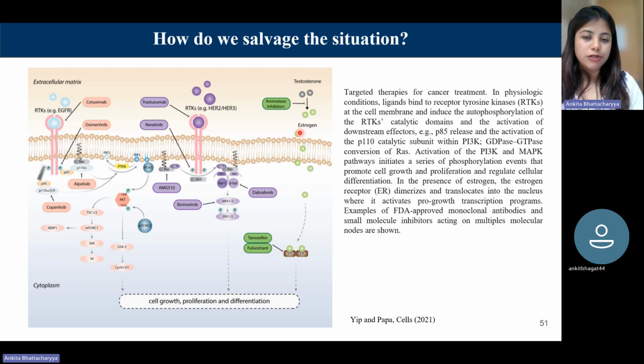This pictorial representation shows you that because of the nature of the steroid, it is able to move across the membrane. Once it does so, it is able to bind to the estrogen receptor, ER, and the movement of the ER and estrogen complex is inhibited or stopped by tamoxifen and fulvestrant.